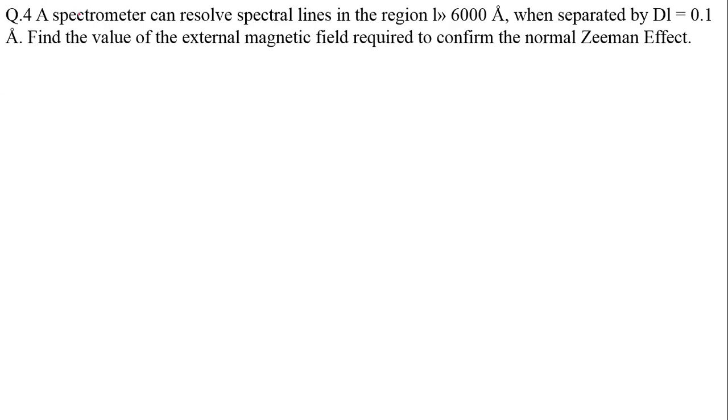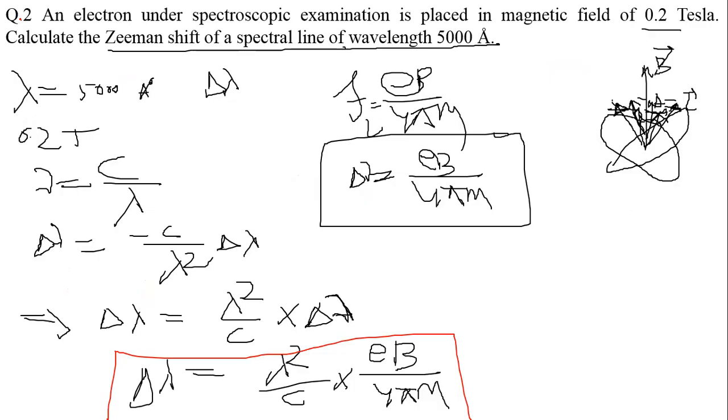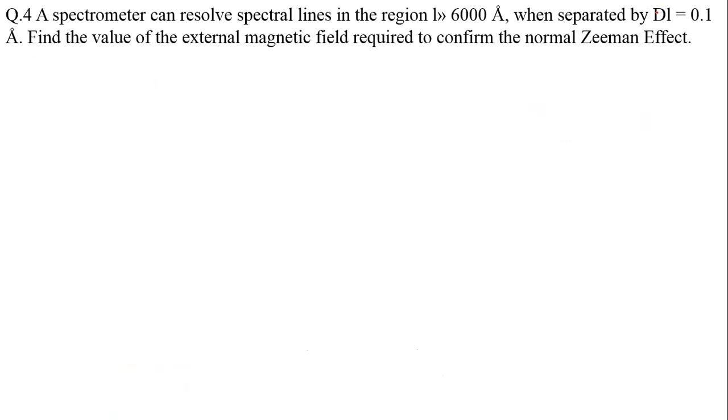As I was discussing in the previous question, we needed to calculate delta lambda, and the magnetic field strength was given. But here in this question, lambda is given. This is dl, that is delta lambda.